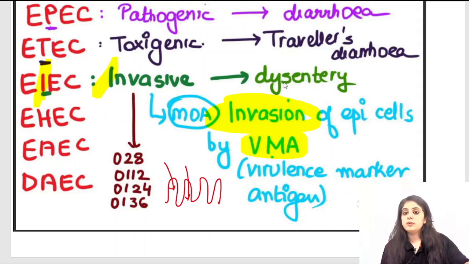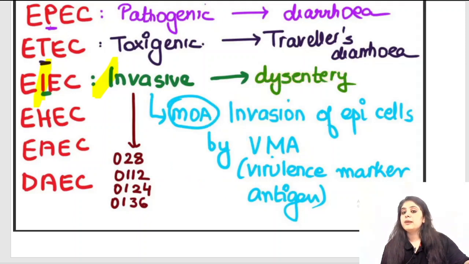So it's not just simple diarrhea, it's going to cause dysentery. So let's do a quick recap. When we are talking about EIEC, enteroinvasive E. coli, if it has invaded, it will cause bleeding, that is dysentery. If it has invaded, it means it has a lot of virulence, it has virulence marker antigen.